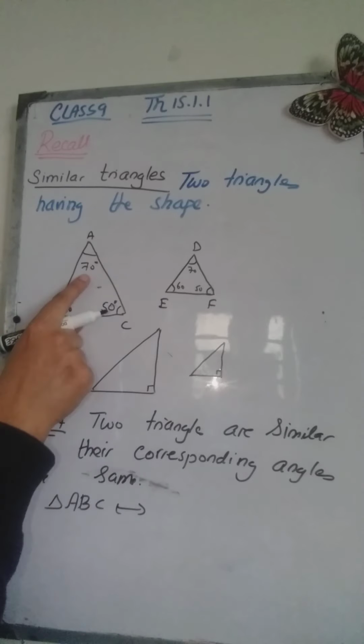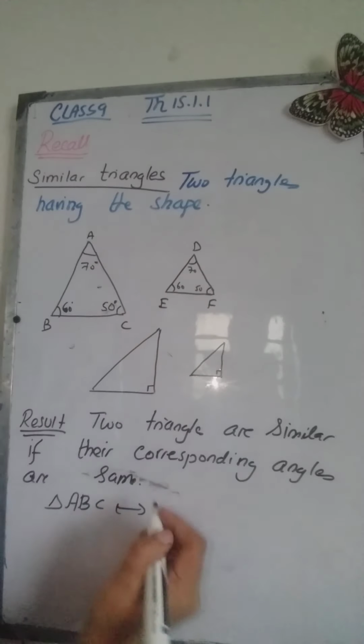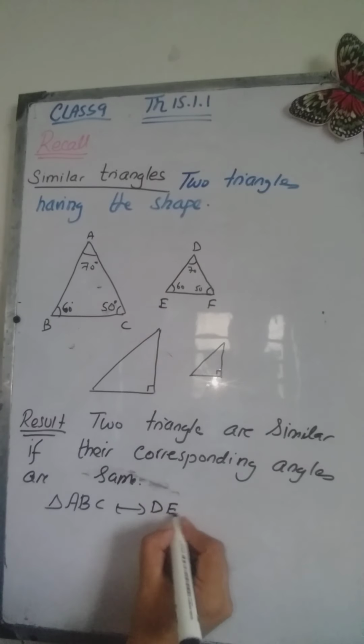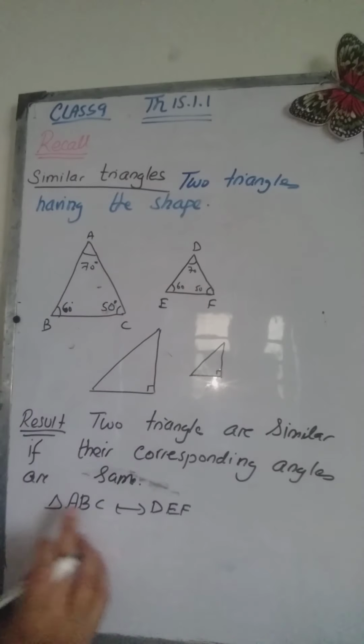in such a way that corresponding to A we will take D, because these two angles are congruent. Always take the correspondence in such a way that the equal angles correspond to one another.